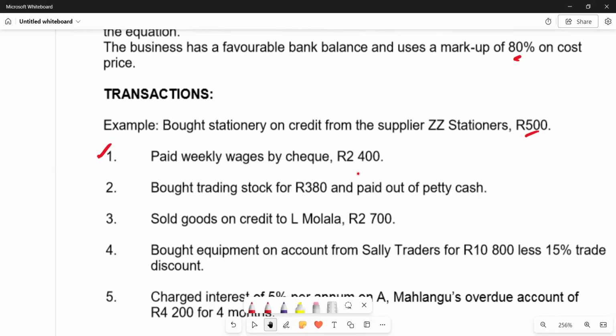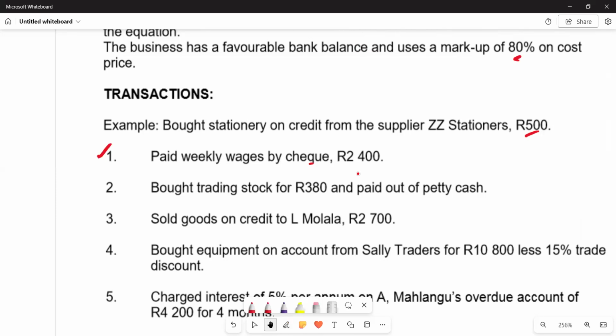Remember the basic concept of double entry, which says we debit the receiver, we credit the giver. So the movement of money determines which account is going to be debited. If the transaction has money, it's a bit simple to deal with. Here we paid weekly wages using a check, so money is going out of the business. The money is the giver, so our check is going to be the giver.